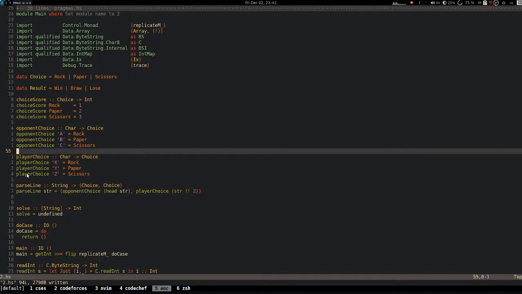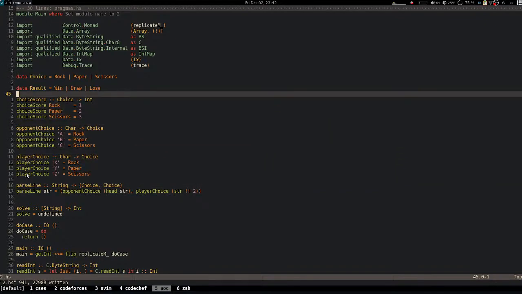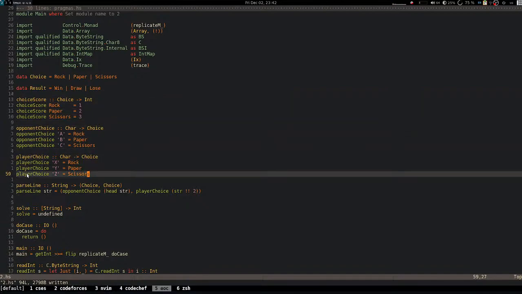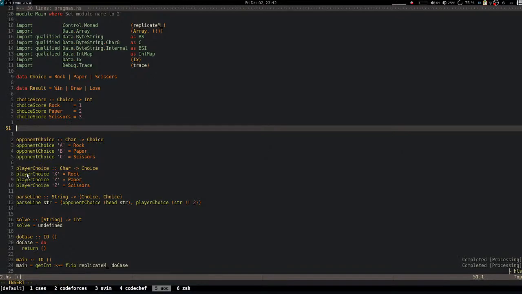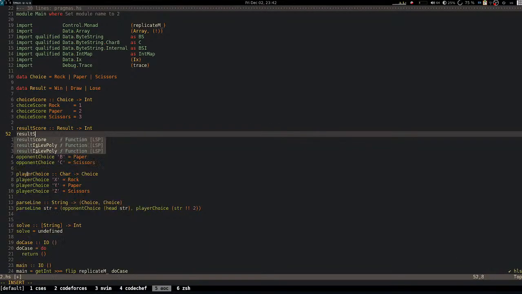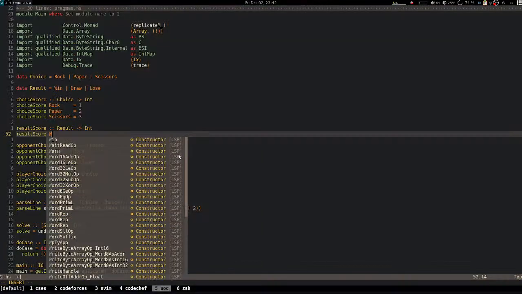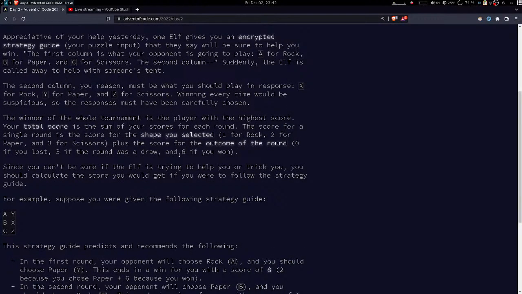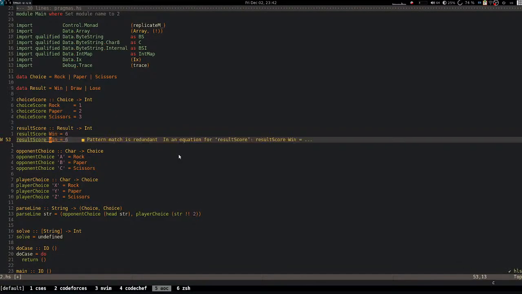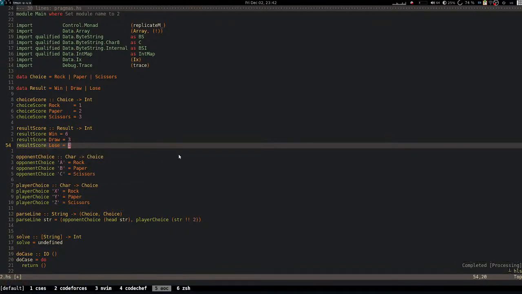Let's have a result score function that takes a result and gives me back an integer: for win I get 6, for draw I get 3, and for loss I get 0, right?